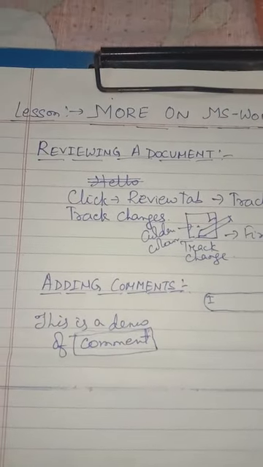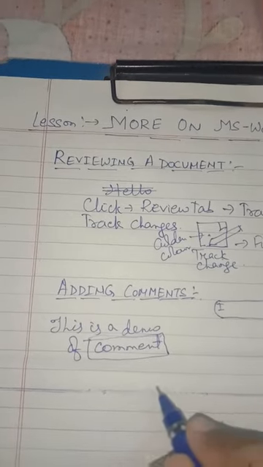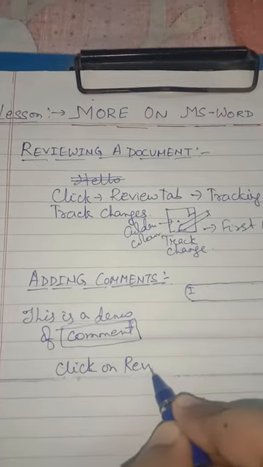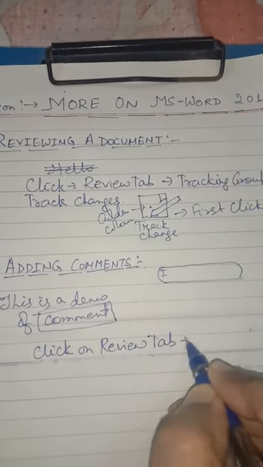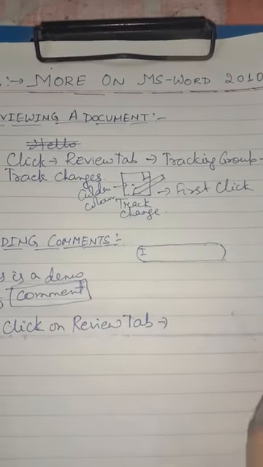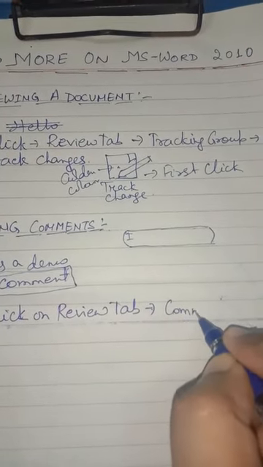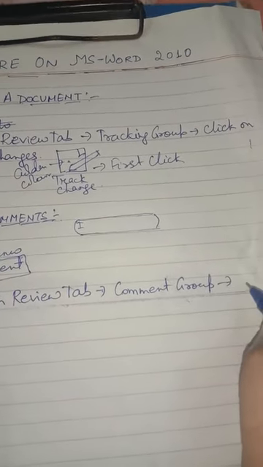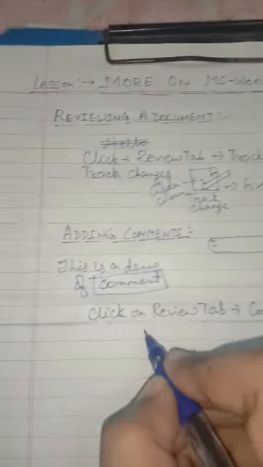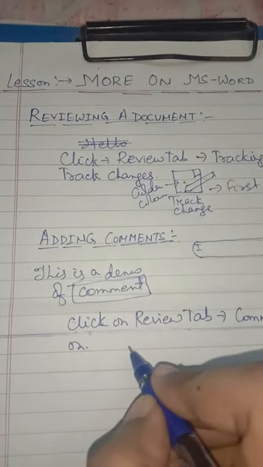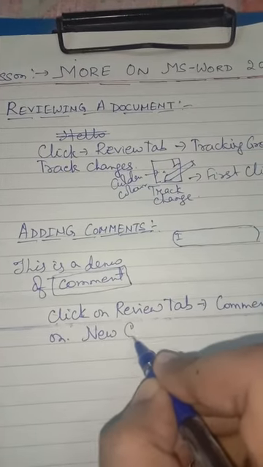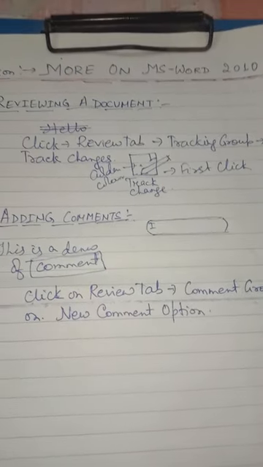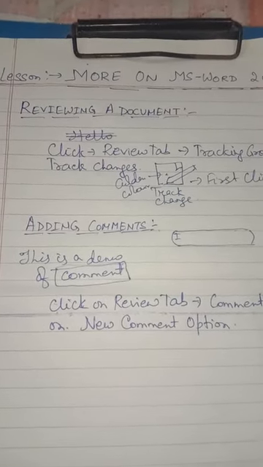After selecting the word, move to the review tab, and from the review tab move to the comment group. From the comment group, click on the new comment option.